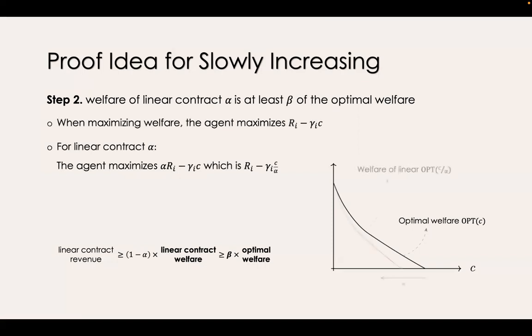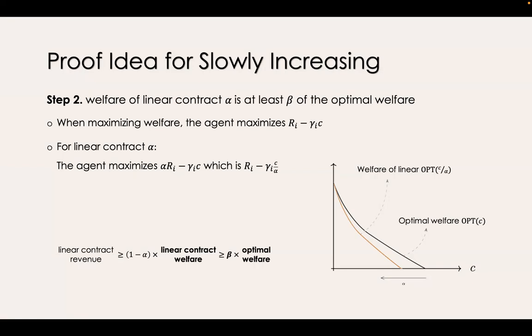Therefore, the welfare of a linear contract is close to taking the optimal welfare curve and scaling it down on the x-axis by a factor of alpha. So it's going to be opt of c over alpha. And again, the expected welfare of a linear contract alpha is integrating over this area when considering the distribution over types.